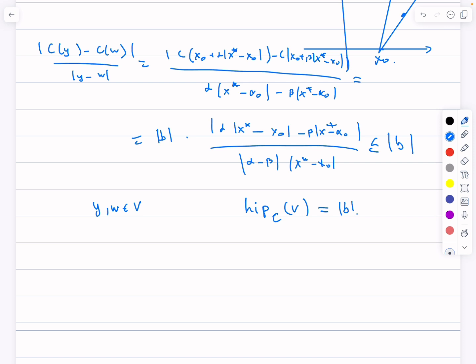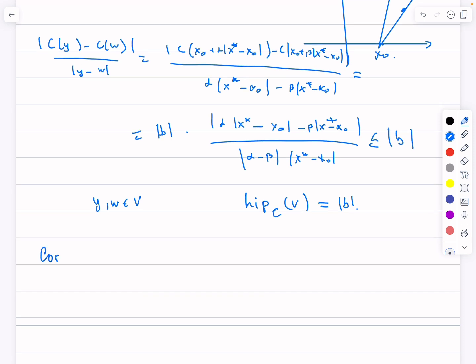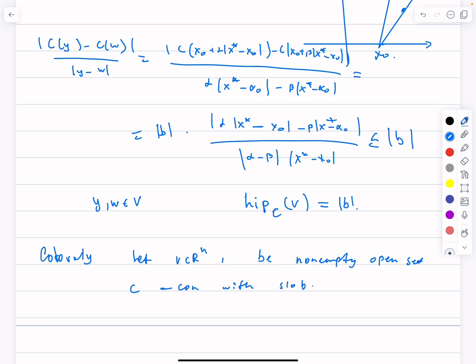Now the corollary. Let V in Rn be a non-empty open set, and C a cone with slope b.